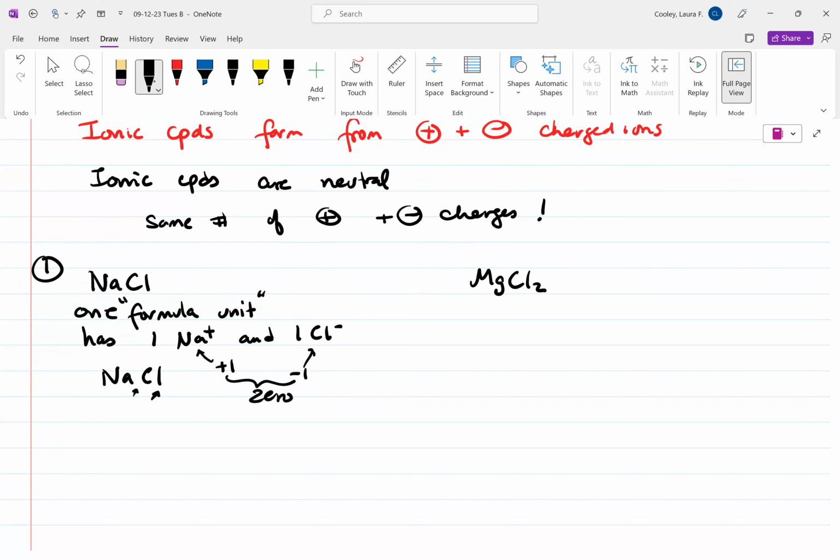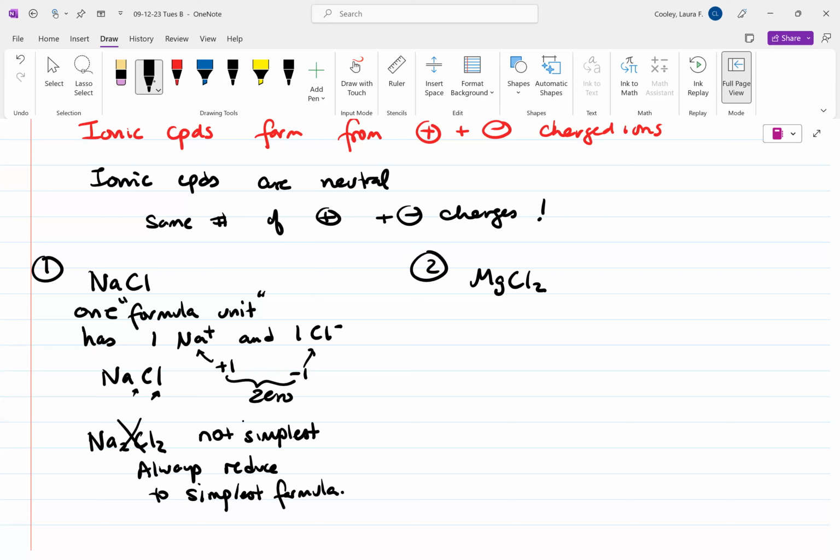And by the way, you might say, well, why can't I write Na2Cl2? Well, that's just not the simplest formula. So you would always reduce it to the simplest formula.